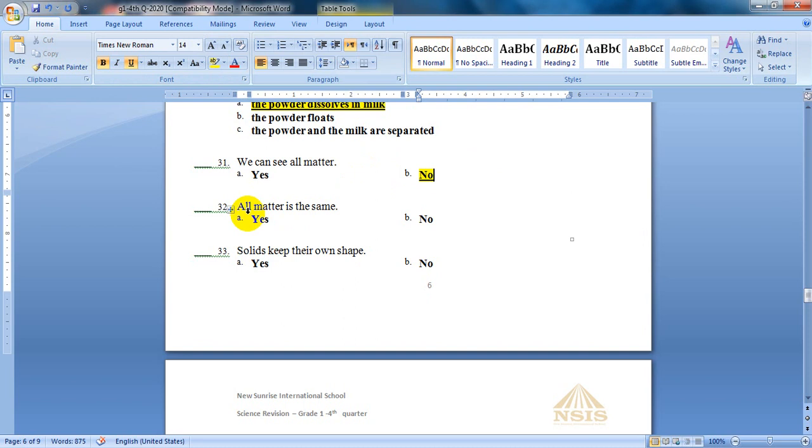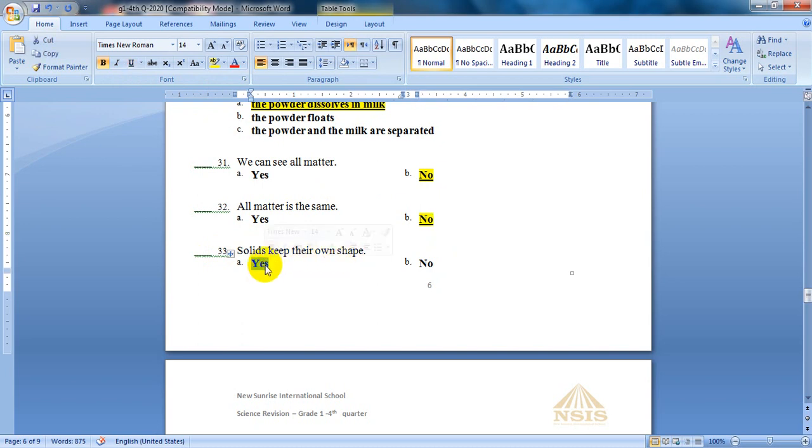32. All matter is the same. What do you think? No, because solids are different from liquids and they are also different from gases. 33. Solids keep their own shape.